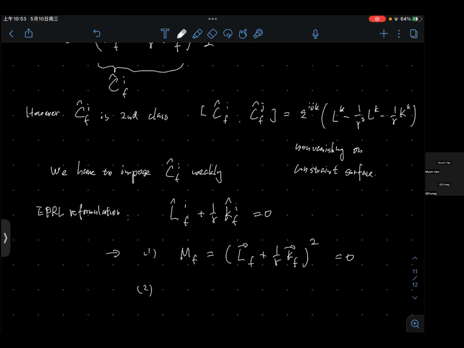Ultimately we want to embed the amplitude into loop quantum gravity, which means the boundary Hilbert space should exactly match the Hilbert space of loop quantum gravity, which are SU2 spin networks. If you only have the master constraint, you have some extra states that you don't really want in loop quantum gravity.